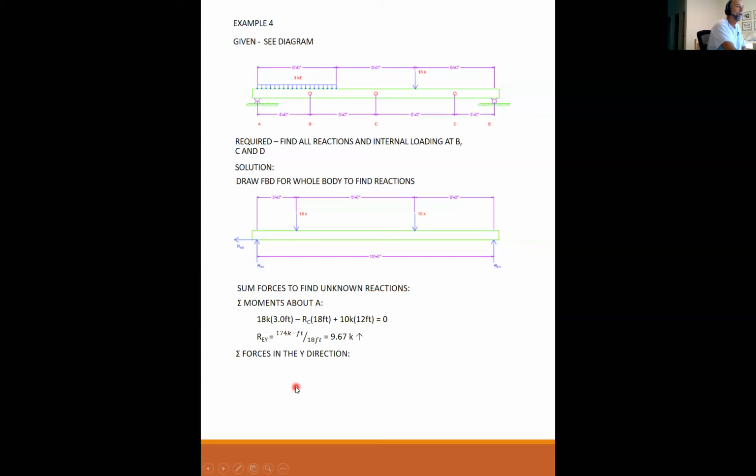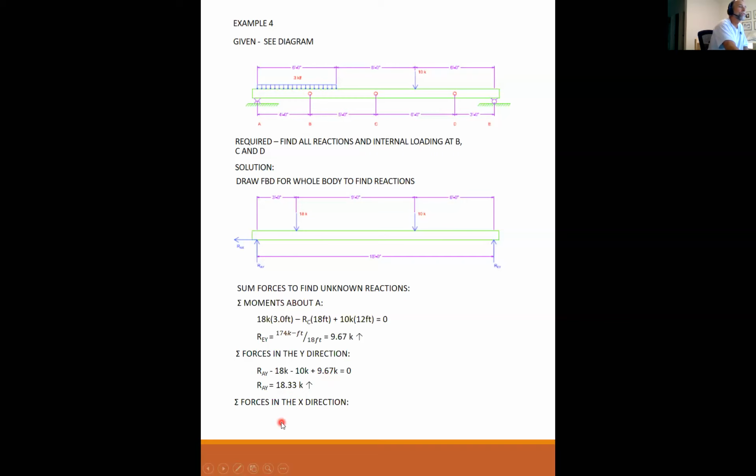Sum the forces in the Y. My reaction at A, Y, minus 18 kips, minus 10 kips, plus my reaction at E equals 0. Reaction at A is 18.33 kips up. Do not forget this part. This is really easy to overlook. There are no horizontal loads on this beam, but I still have a horizontal reaction.